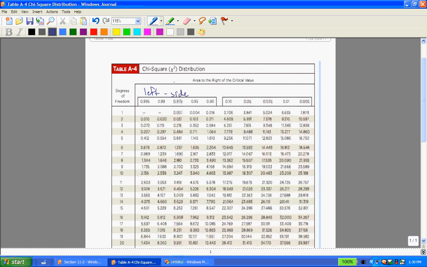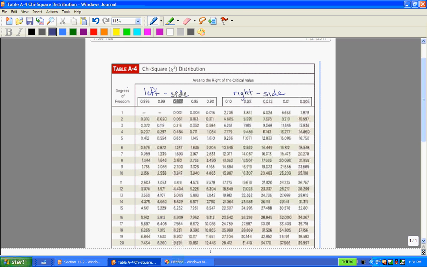Now I hesitate to use tail because on the left side there's really not a tail. You have a big hump there on the left side. So if we were finding something on the left side, we'd use those values. For hypothesis testing in this regard, we'll mostly be using the right side or right tail, which does look traditionally more like a tail. So notice how small these values are, 0.1, 0.05, 0.025.